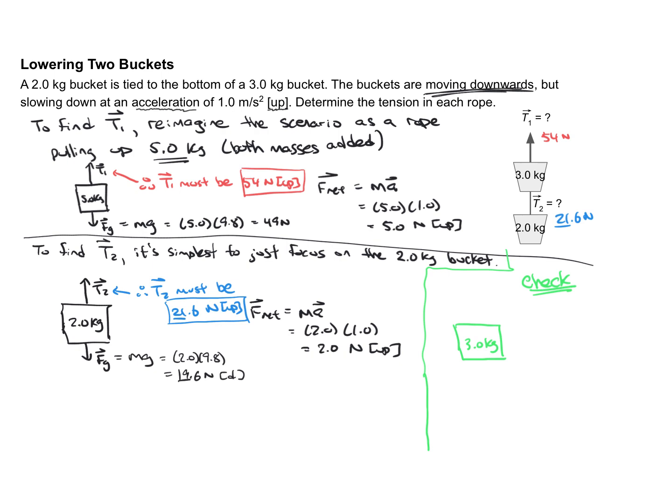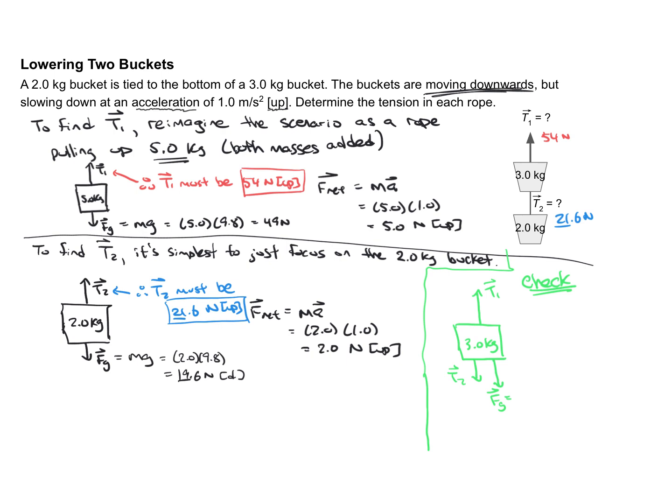There is tension 2, which is pulling it downwards, because it's attached to the bottom of the bucket. There's gravity. I'm not quite sure how they compare, so I'm going to draw them. I think it's a little bit bigger, so I'll just do that. And then there is tension 1, pulling it up.